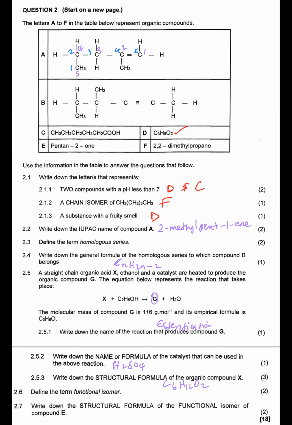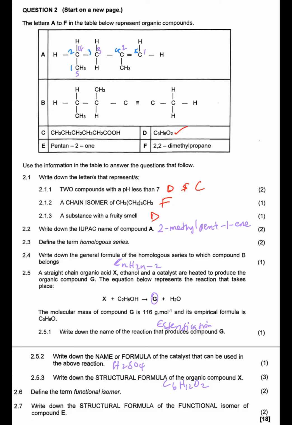The molecular mass of compound G is 116, and its empirical formula is C3H6O. So this is G, it's not X. Therefore, X is going to be what?